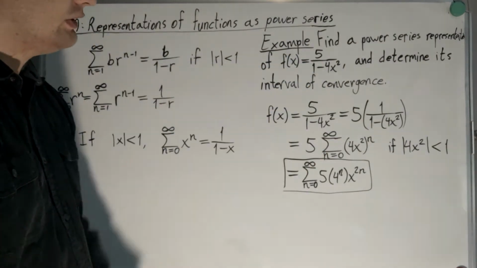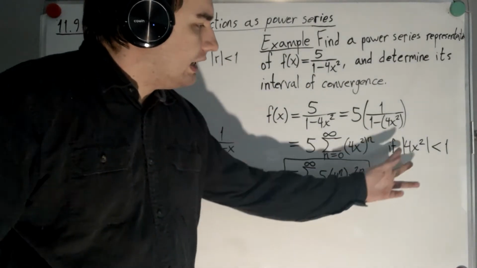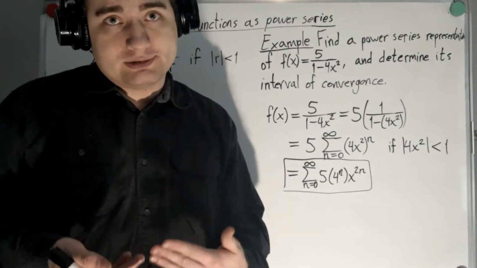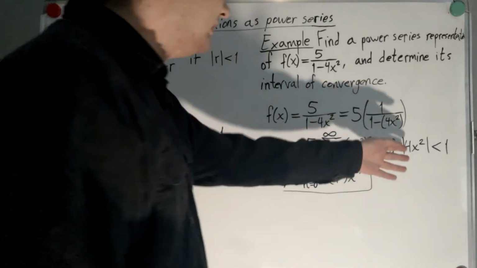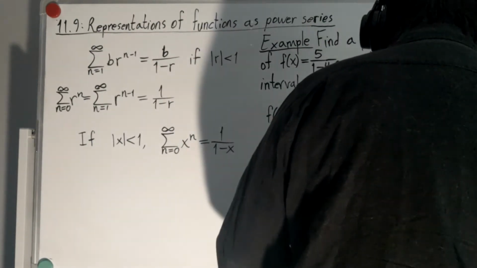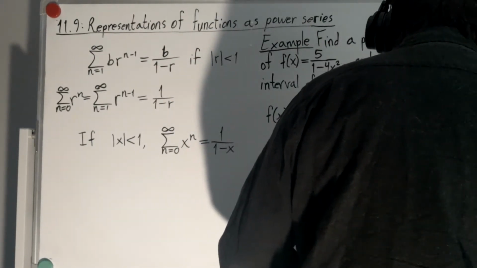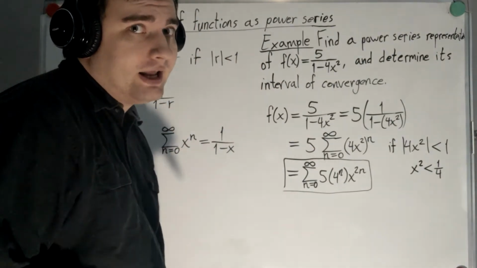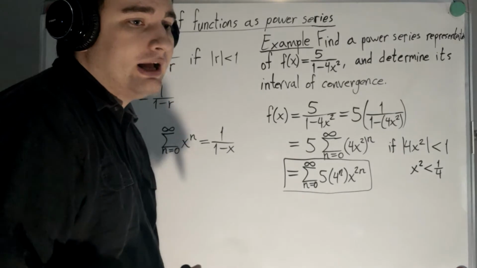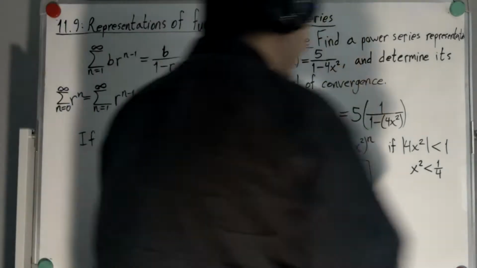The interval of convergence is wherever the absolute value of 4x squared is less than 1. That's the same as saying that x squared is less than 1/4. And if x squared is less than 1/4, that's the same as saying that x is between -1/2 and +1/2. Okay?